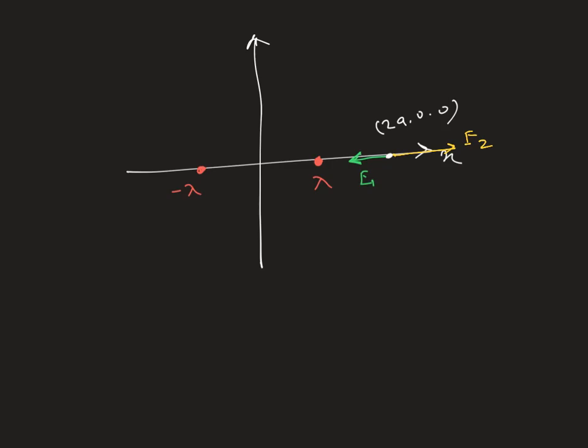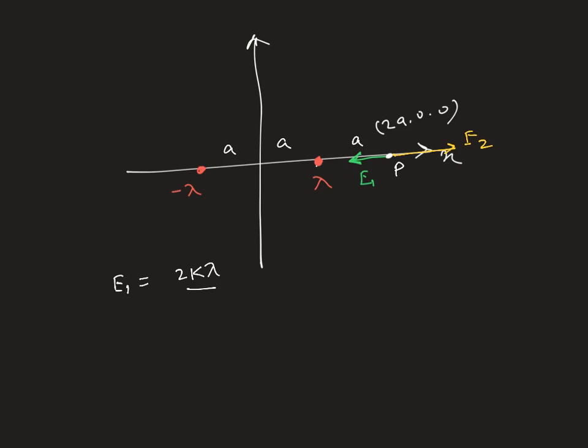Now how much is E1 going to be? E1 is going to be 2kλ by the distance. Now how much is the distance? So let's take this into consideration. This is a, this is a, and this is a. The distance between negative lambda and origin is a, origin and positive lambda is a, and between the positive lambda and the point P where you have to find the field, the distance is a.